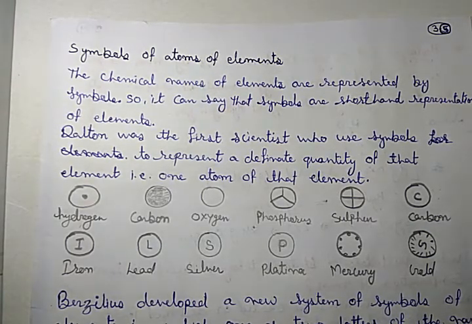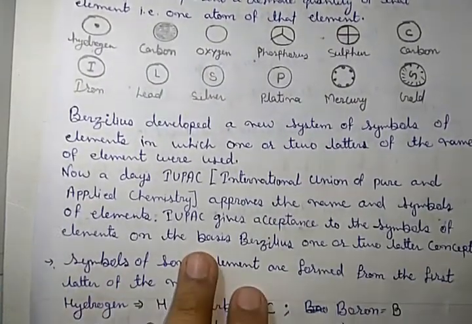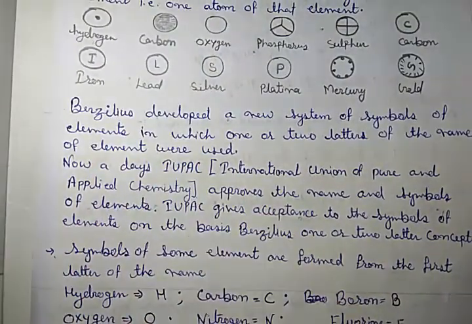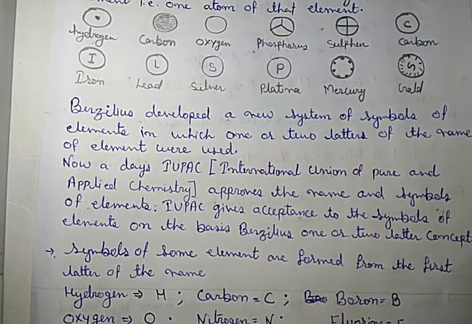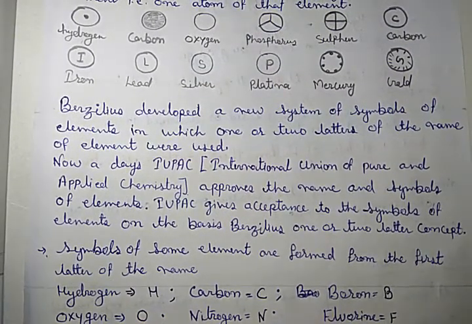Therefore, one more scientist, Berzelius, developed a new system of symbols of elements, in which one or two letters of the name of the element were used.